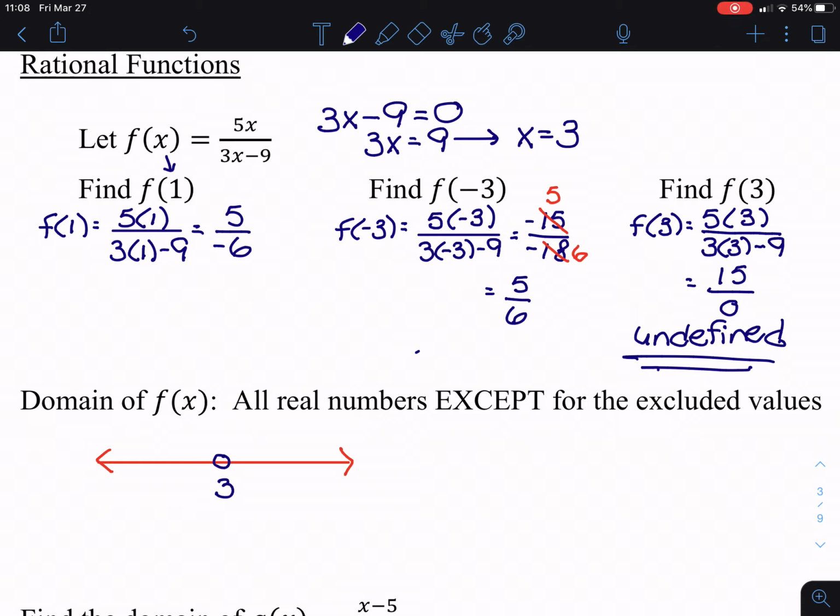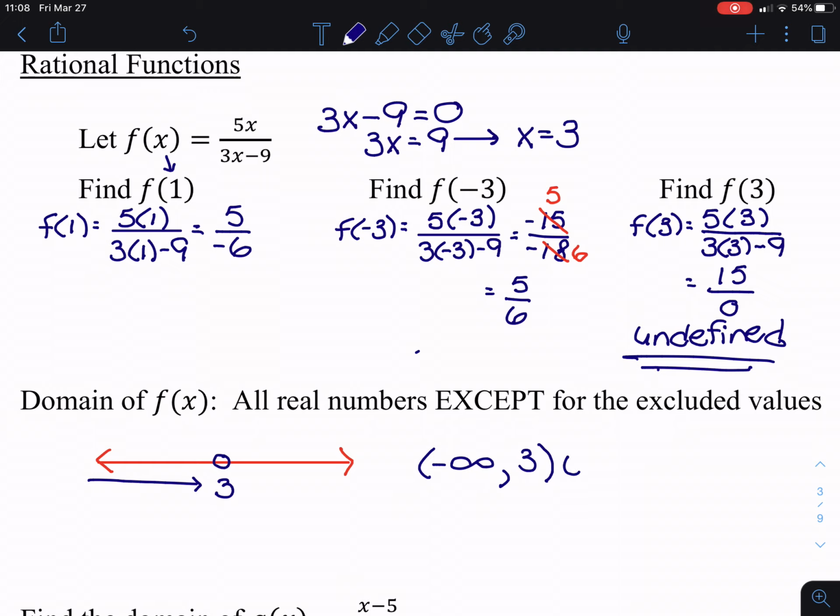So if I wanted to write this in interval notation, remember when I do interval notation, I'm always going to start as far left as possible and keep going until I hit my first number. So I start with negative infinity, and negative infinity always has soft parentheses by it, and I keep on going until I hit 3. 3 is an open circle, so that means I put a soft parentheses by it.